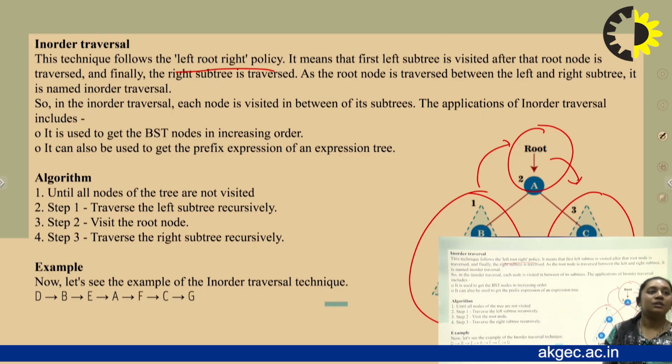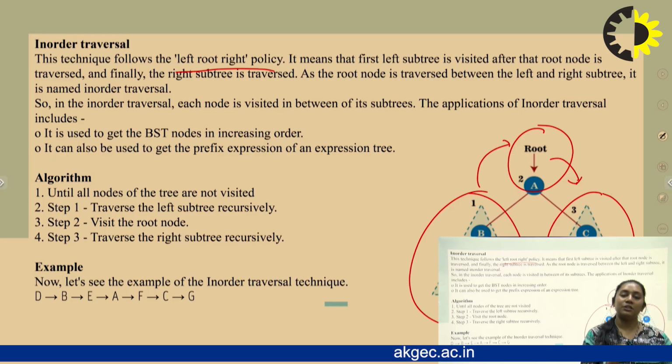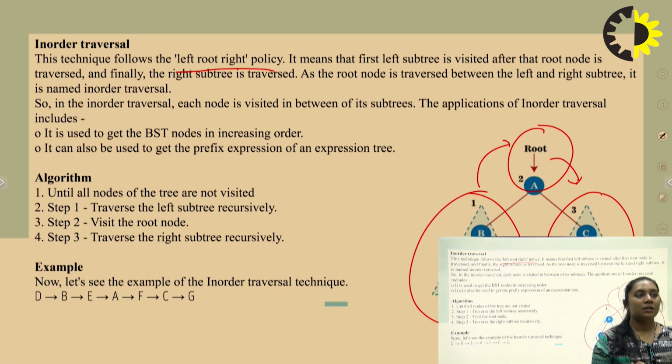So first they visit all the left subtree, after that the root, and last they recursively traverse the right subtree. As the root node is traversed between the left and the right subtree, it is called the in-order traversal algorithm.